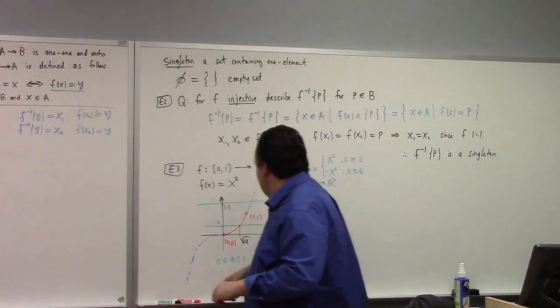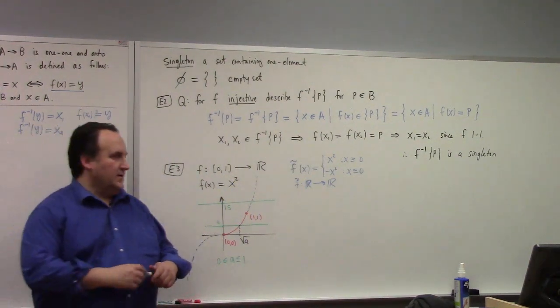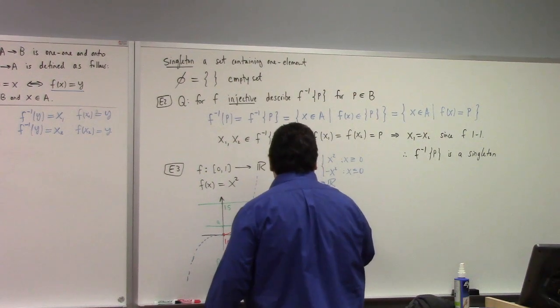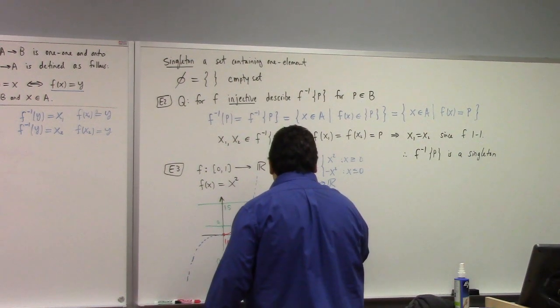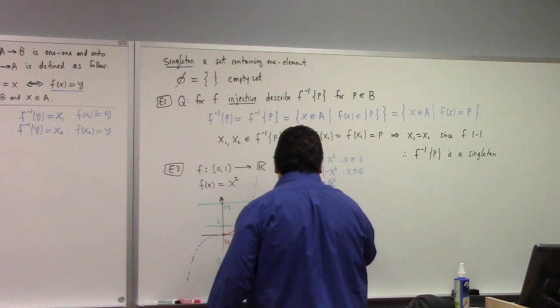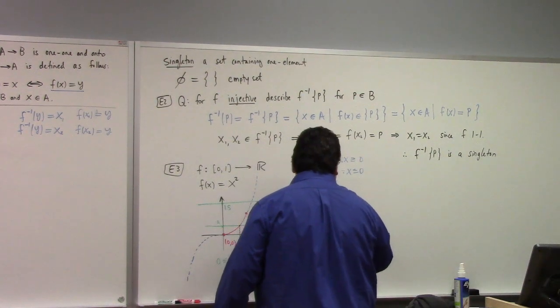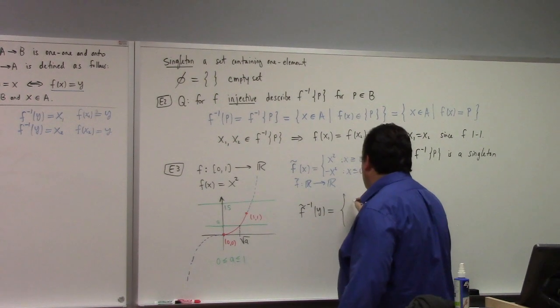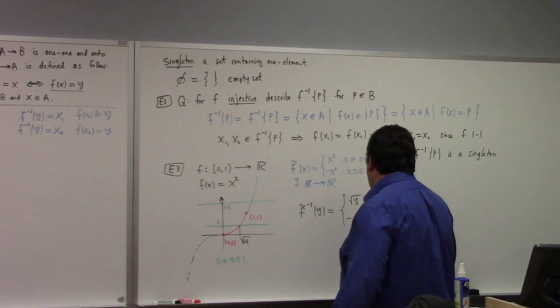I like to use y for the inverse function. So f tilde inverse of y is equal to the square root of y, and minus the square root of y down here.